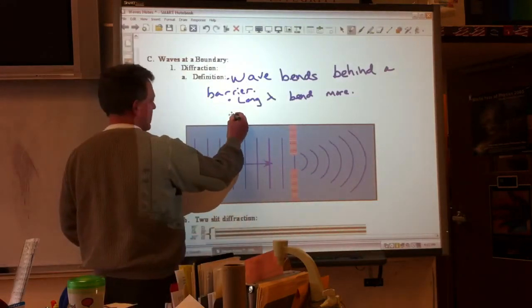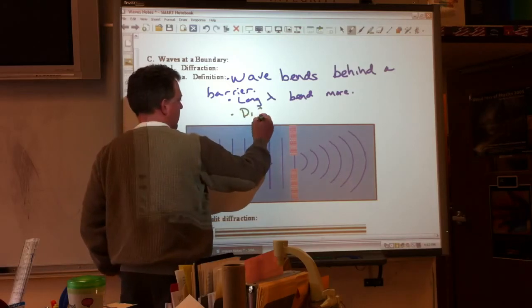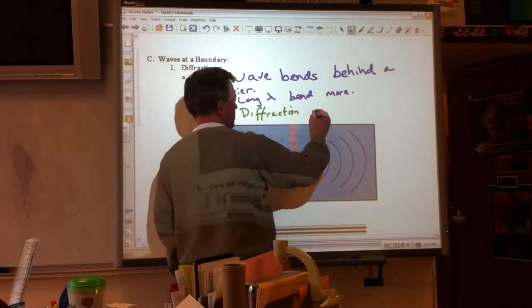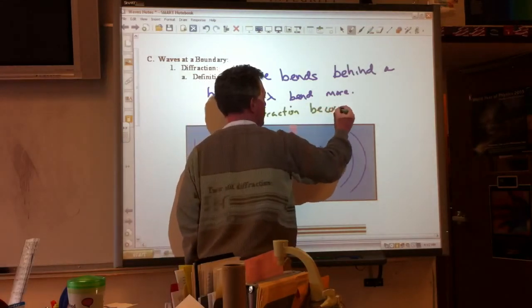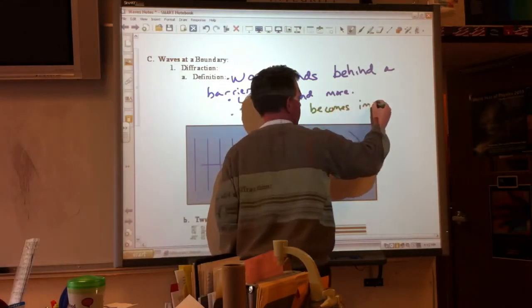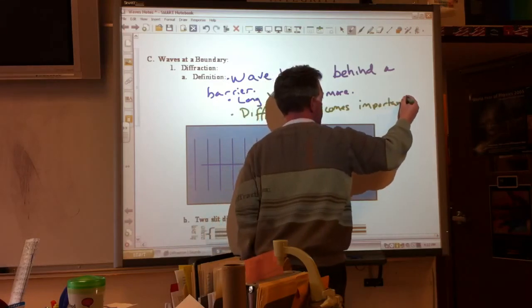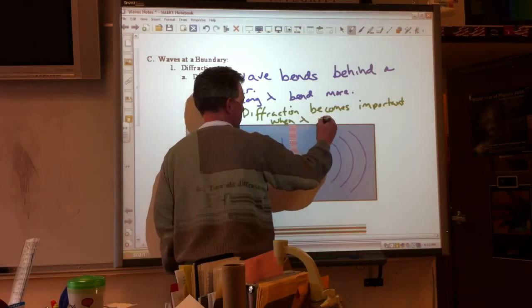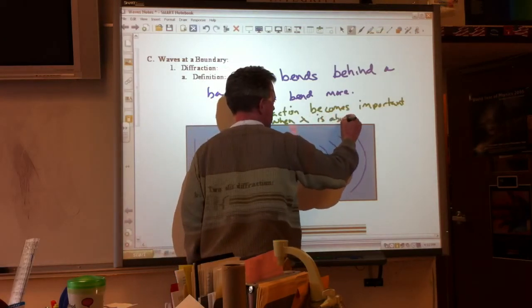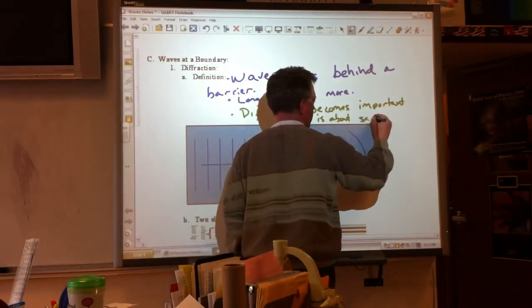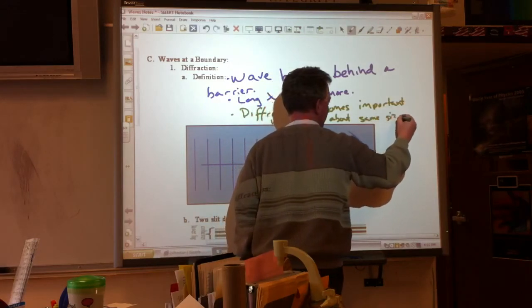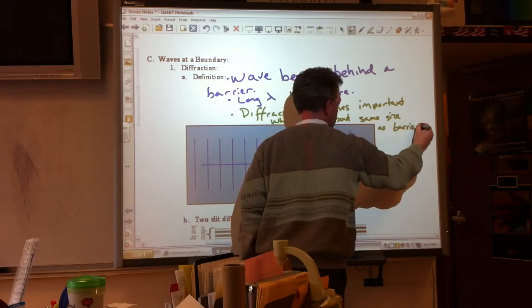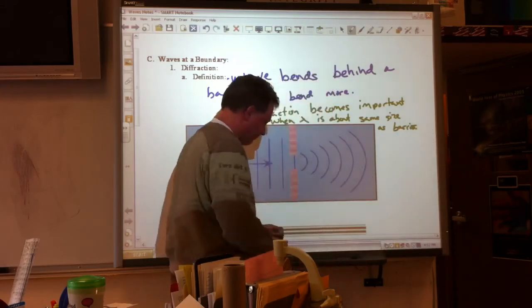Okay, we want to say that diffraction becomes important when the wavelength is about the same size as the barrier.